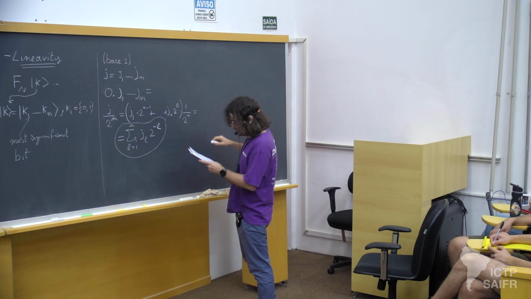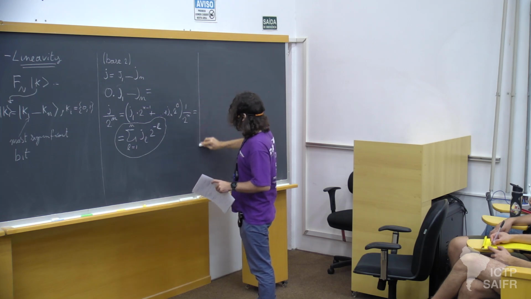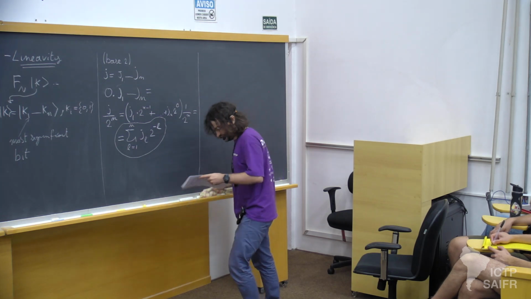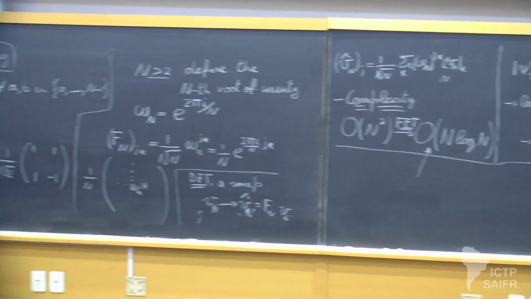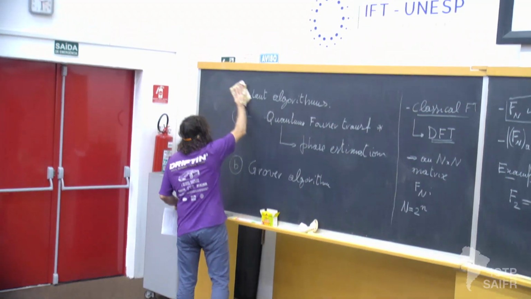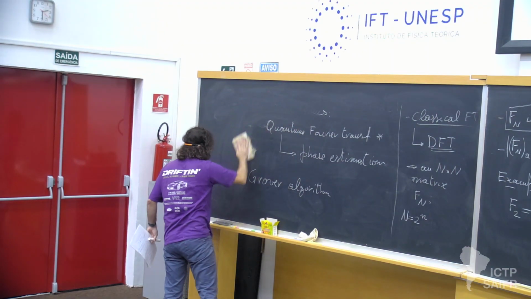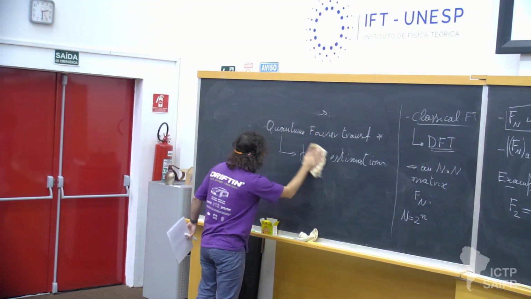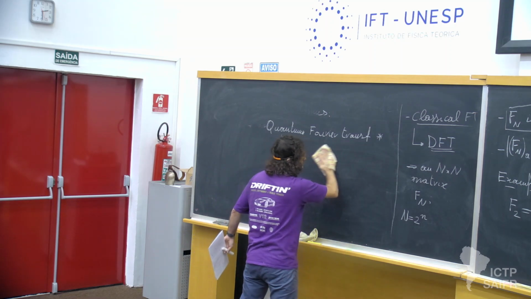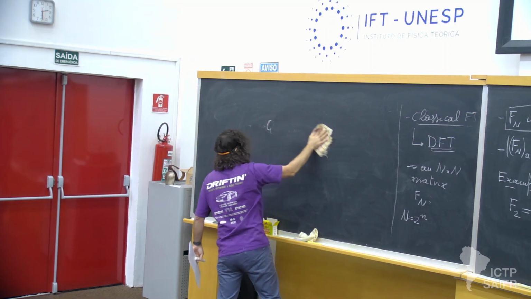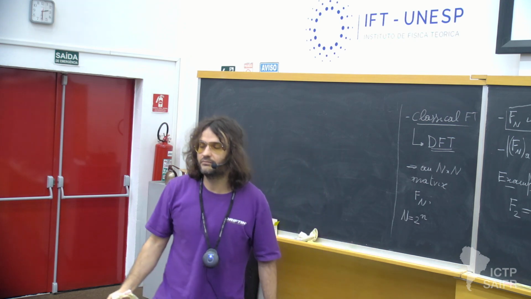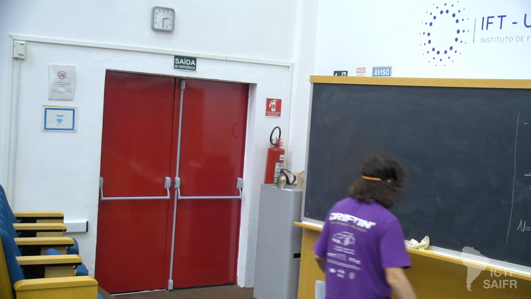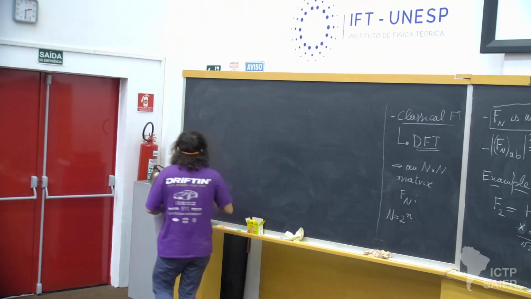Good. So now we are ready to compute Fn acting on k. Let's do an example.